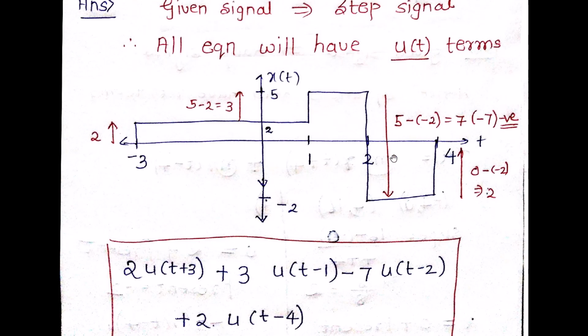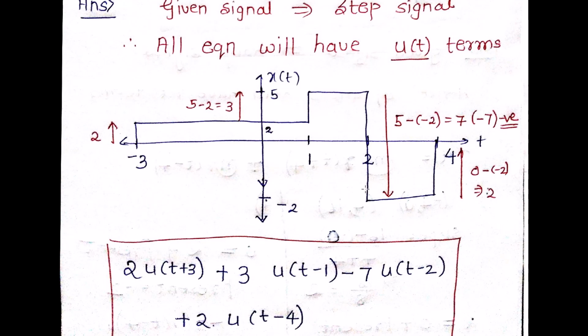However it is in the negative direction, right? It was plus 5, then it comes to minus 2. Hence you can consider it as negative, that is minus 7. And at 4 again there is an upward rise, but it is from minus 2 to 0. So it is 0 minus of minus 2, which is plus 2.